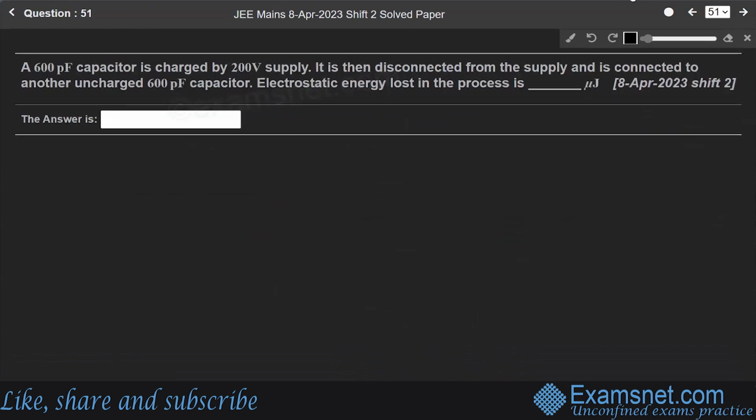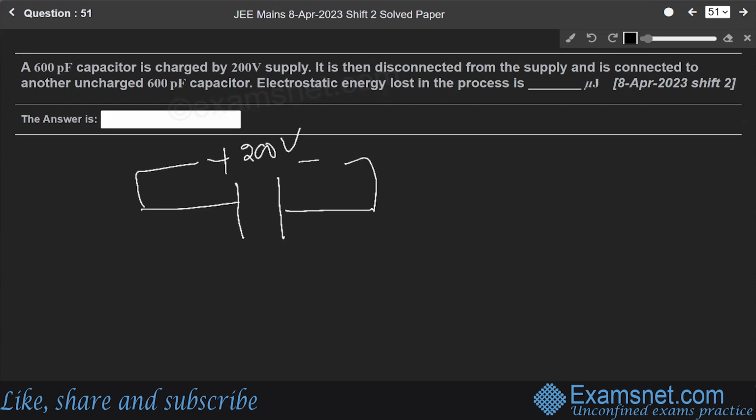Question number 51. This question says that a 600 picofarad capacitor is charged by a 200 volt supply. Okay, let us say this is a capacitor. It is charged by a battery which gives a potential of 200 volt.